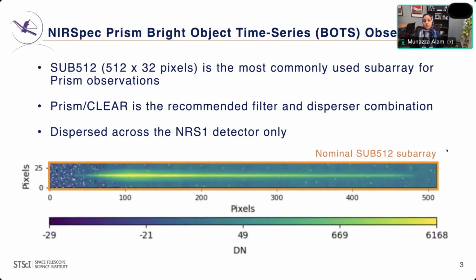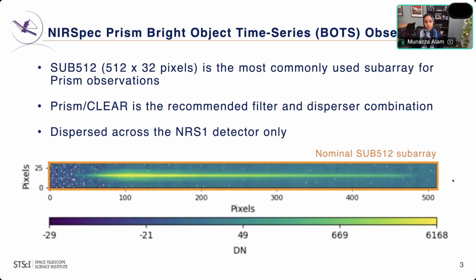The recommended filter and disperser combination is Prism Clear, and the prism traces are dispersed across NRS1 only. I'm showing an example prism trace here at the bottom. We can see that the prism trace is straight, spans most of the SUB512 subarray, and fits nicely within it.